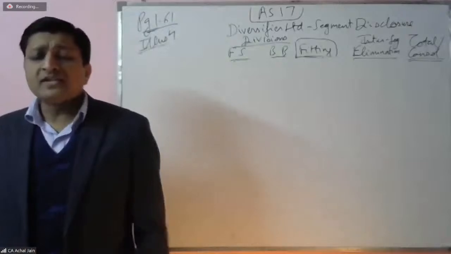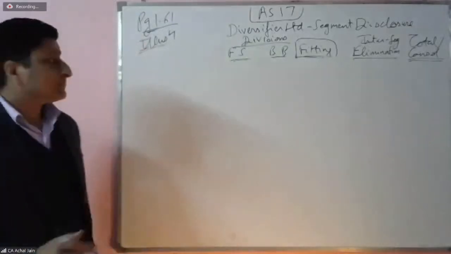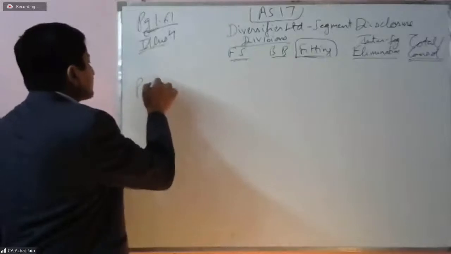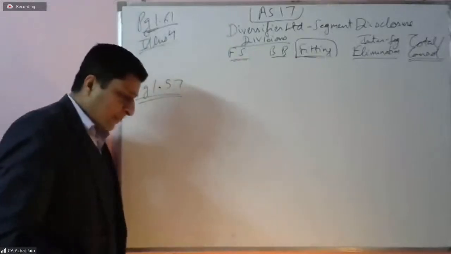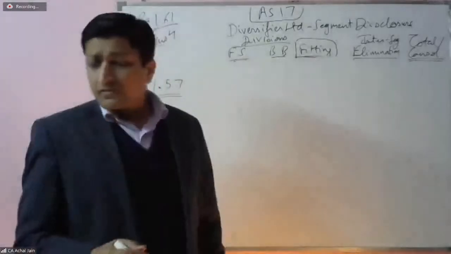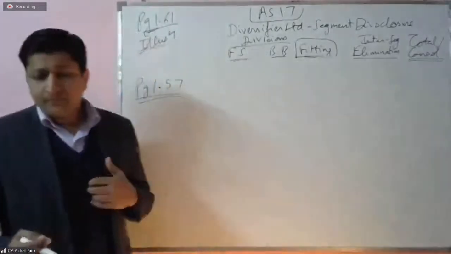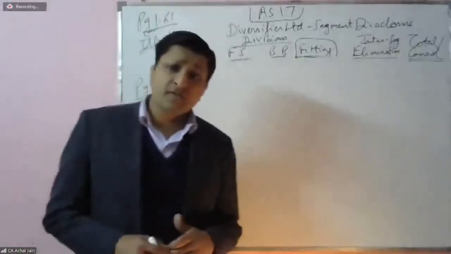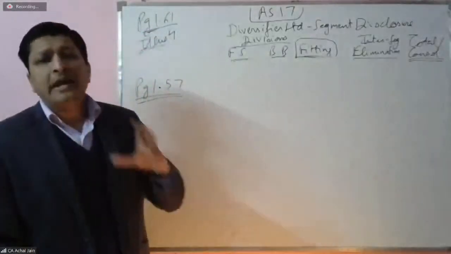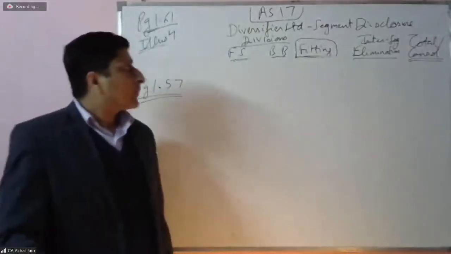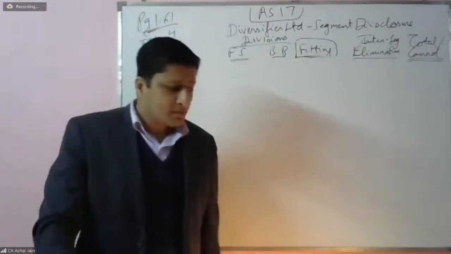Now there is one more aspect of the standard. Let's try to understand that. In this illustration, so I'm just taking the help of this information only. In this illustration, as you would have seen, certain disclosures were given by the entity in respect of its segments.